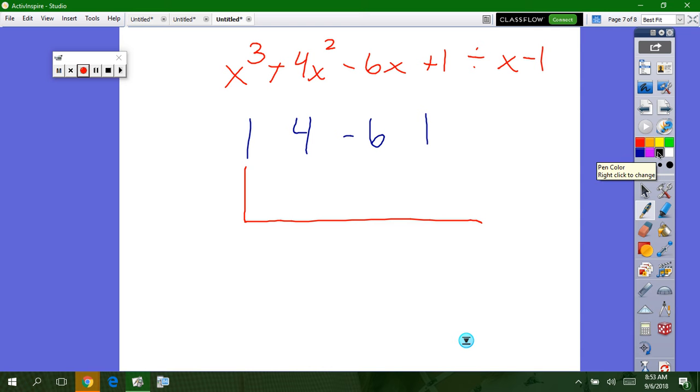All right. What's the value that makes this binomial 0? 1. Bring down the first coefficient. 1 times 1?